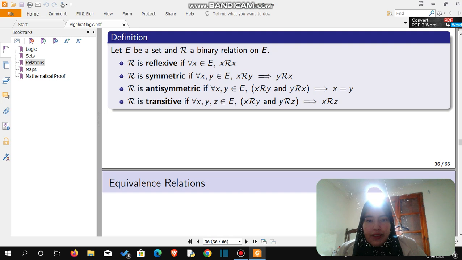Let's take an example of a binary relation. For example, greater than or equal to in the space R. Every x is greater than or equal to x. If x is greater than or equal to y and y is greater than or equal to x, that implies x and y are equal.